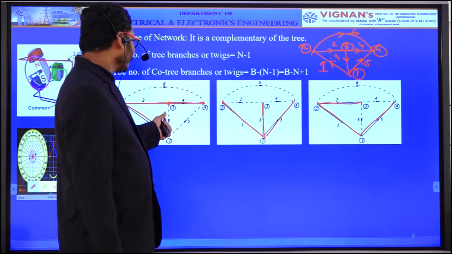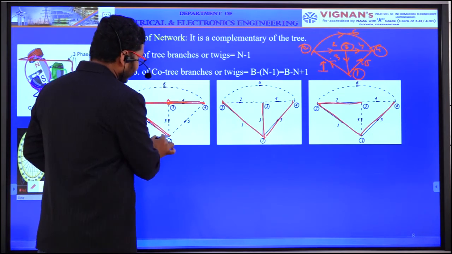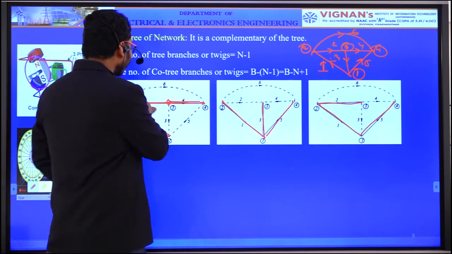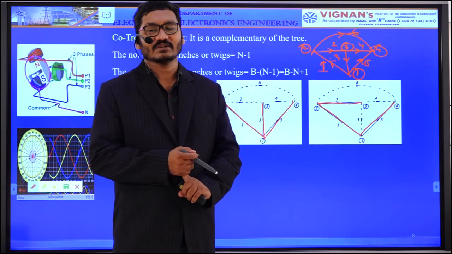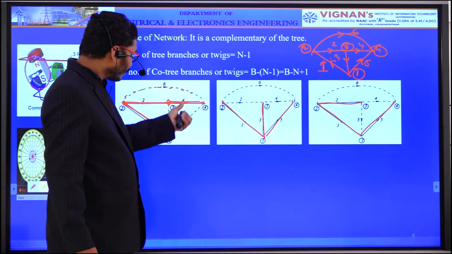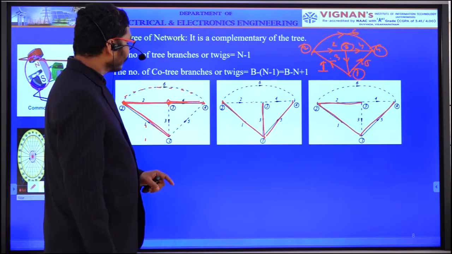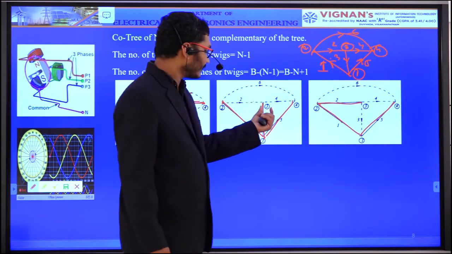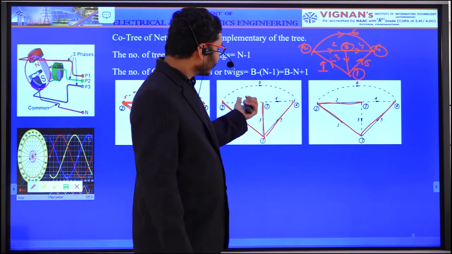These dark branches we call the tree branches, or twigs. The dotted branches we call the co-tree, or you can also call them links. Here 1, 2, 4 are the tree branches, and 3, 5, 6 we call the co-tree branches or links. Same for this one: the tree branches are 1, 3, 5, and the co-tree branches, or links, are 2, 4, 6.